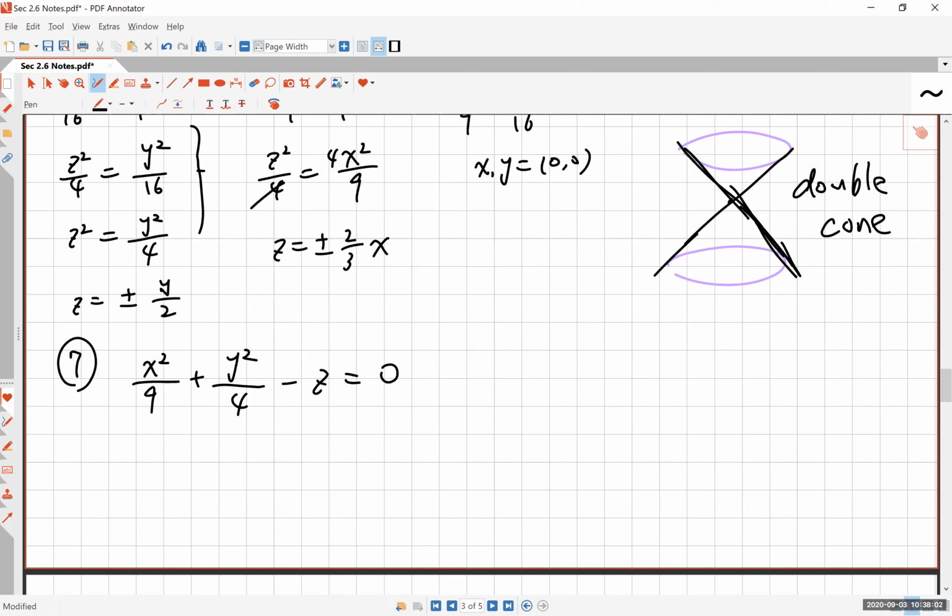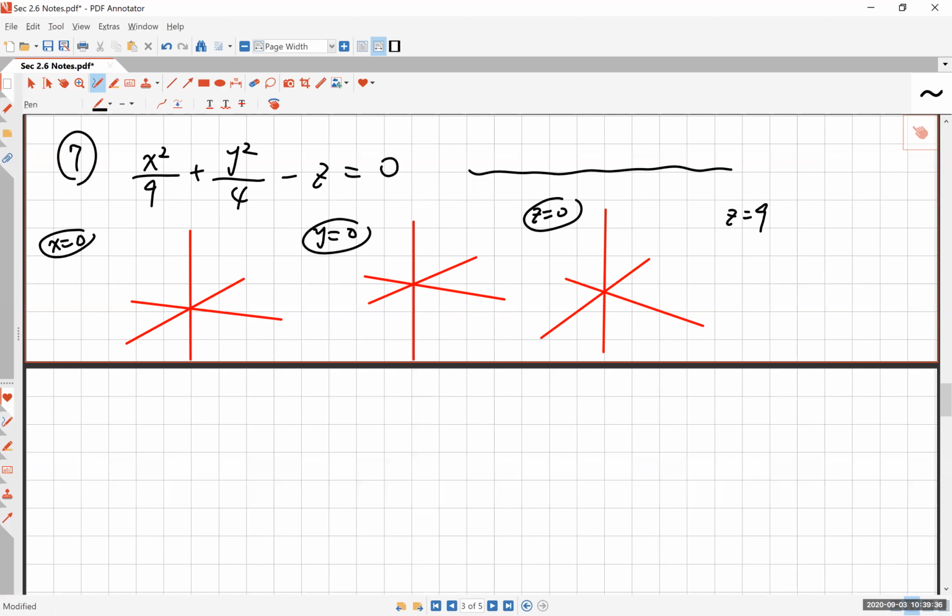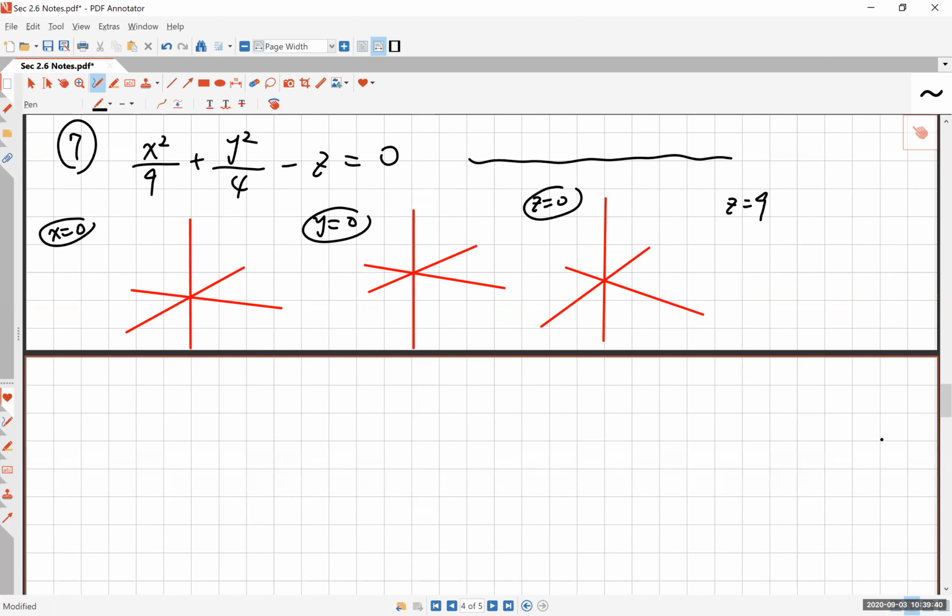Maybe you should pause this and then try to figure out what happens when x is equal to 0, y is equal to 0, and z is equal to 0. All right, let's do it. When x is equal to 0, you have basically z is equal to y squared over 4, right? So what is that? Remember, you're drawing on this canvas called the yz plane when x is equal to 0.